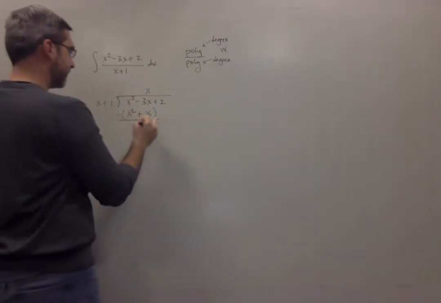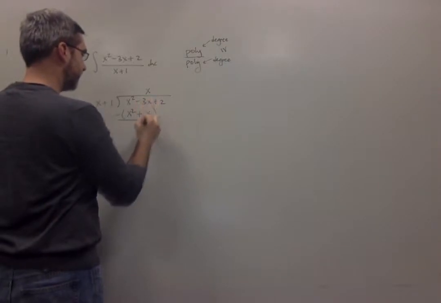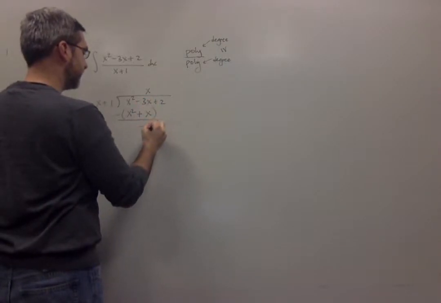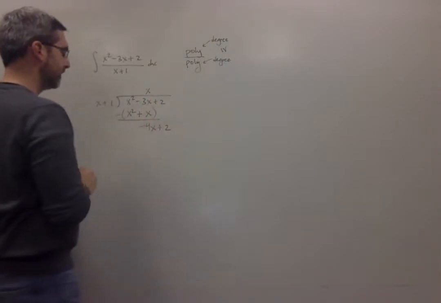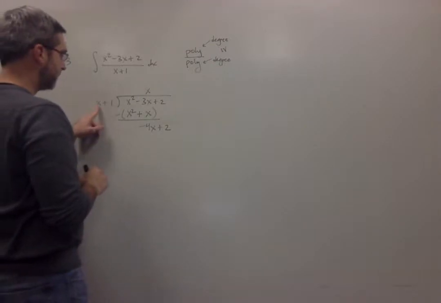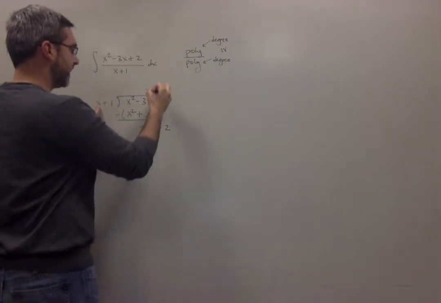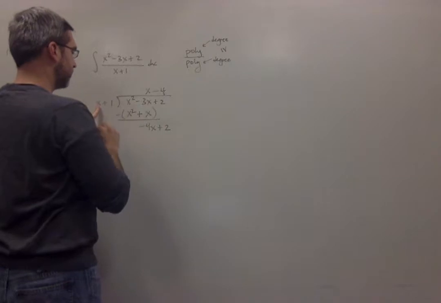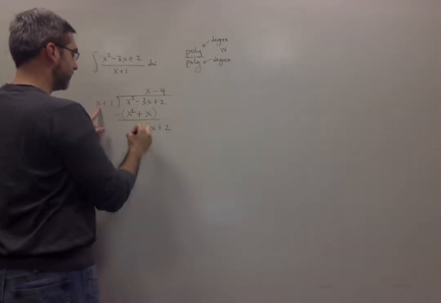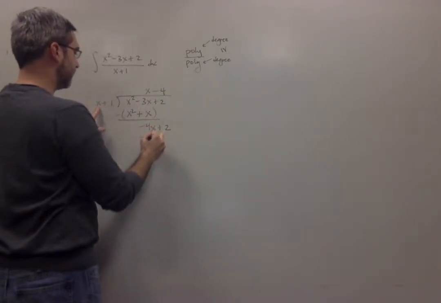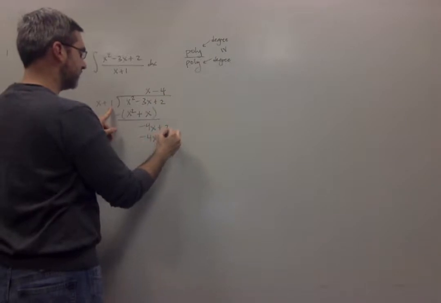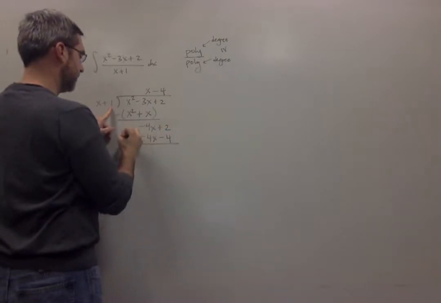Okay, and x squared minus x squared, that goes away, and negative 3x minus x is going to give me negative 4x. So now I look at x, what times x is going to give me negative 4x, and that's going to be negative 4. So negative 4 times x is negative 4x, negative 4 times positive 1 is going to be negative 4.